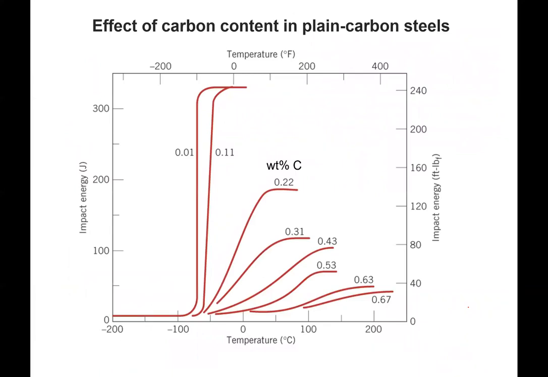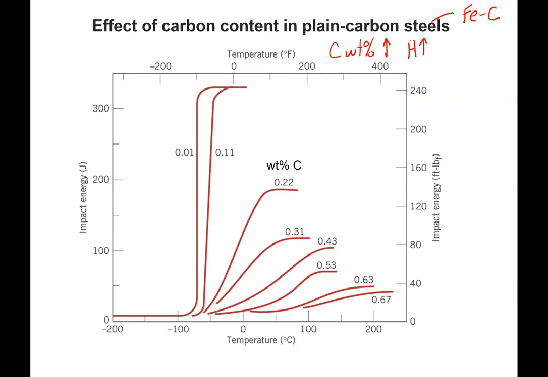Okay, so with steels, one of the principles we'll see, especially in the next chapter, is that as the carbon weight percent in a steel increases, and this is plain carbon steel, iron-carbon, so we don't have to worry about other alloying elements, we're actually increasing the hardness of the steel. This is the carburization example for a gear.